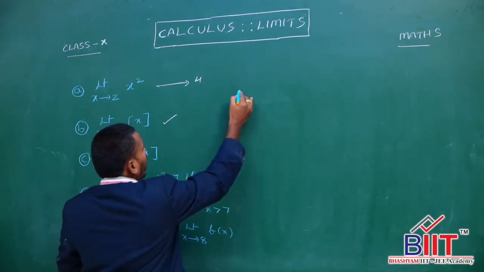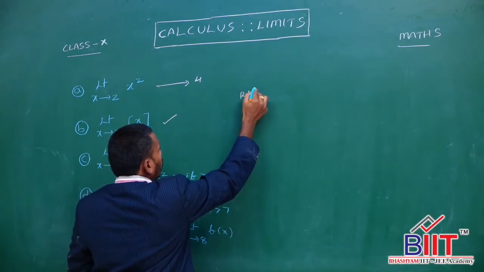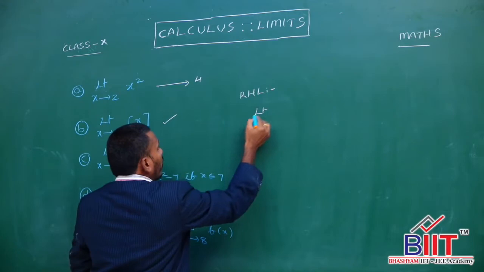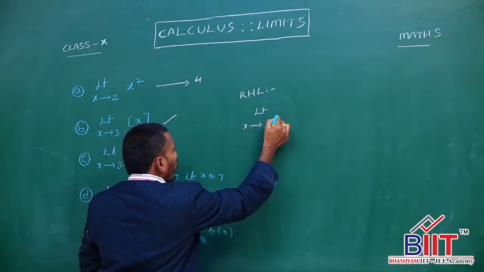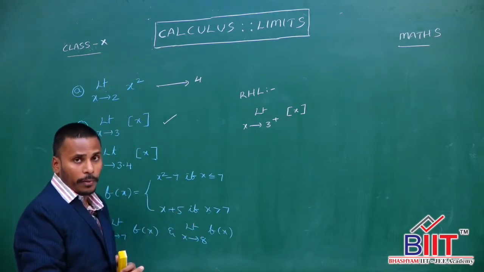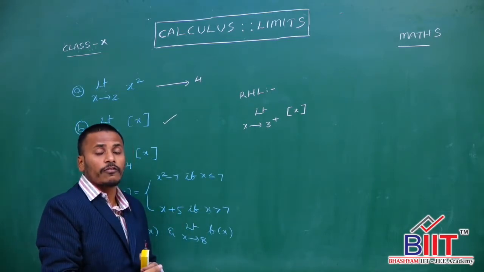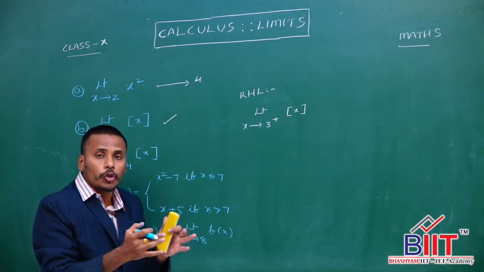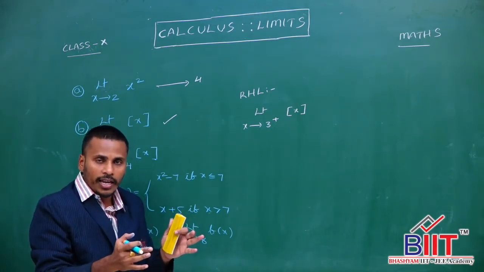To discuss limit x tends to 3 of step x, what do you say about the right hand limit? The right hand limit is nothing but limit x tends to 3 plus of step x. I think you all know about step x. Step x is the greatest integer function. Its value is n if x is in between the consecutive integers n and n plus 1.